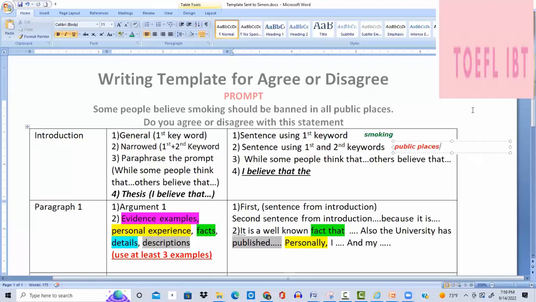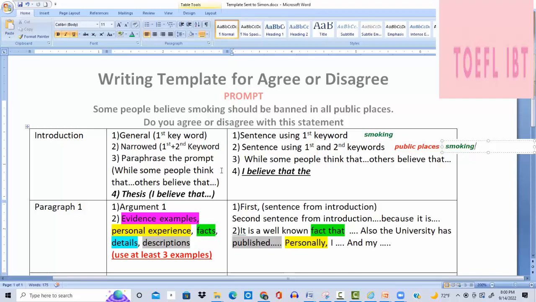So what you'll do with these, now that you have smoking, you will need to make it into a sentence. Both of these will need to be in a sentence. So public places and smoking. So you'll have one sentence using smoking. You'll have another sentence using public places and smoking.